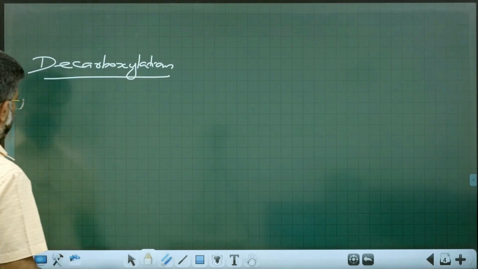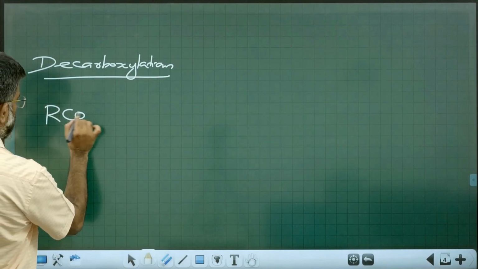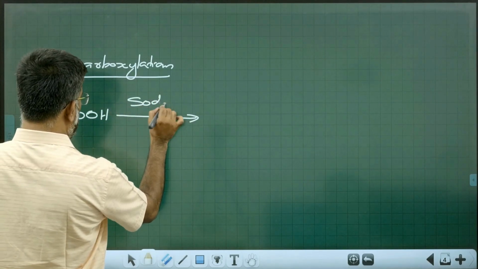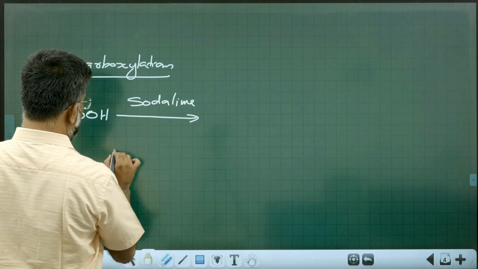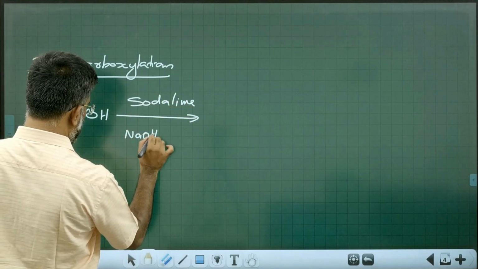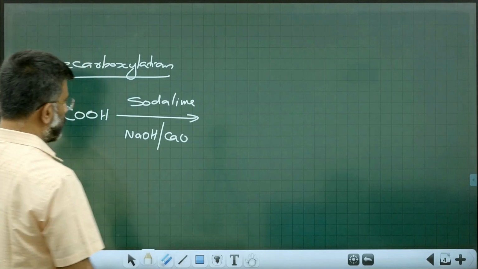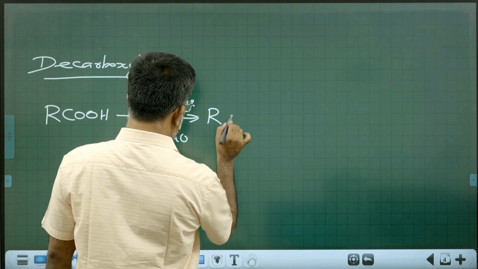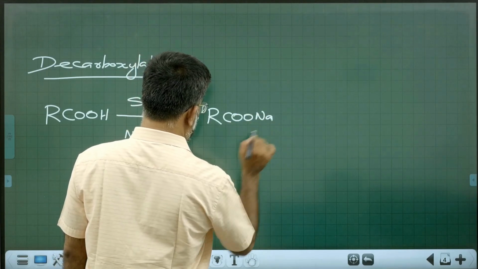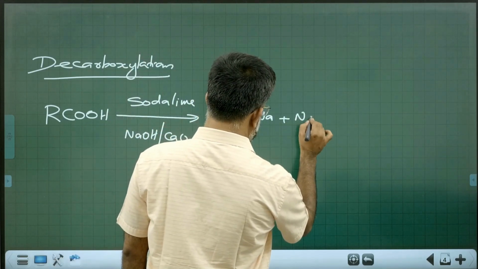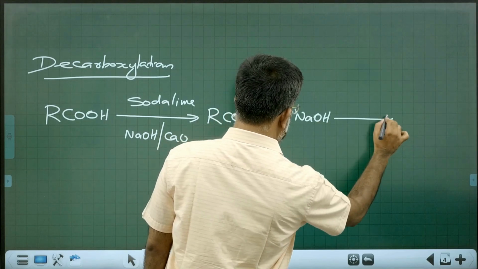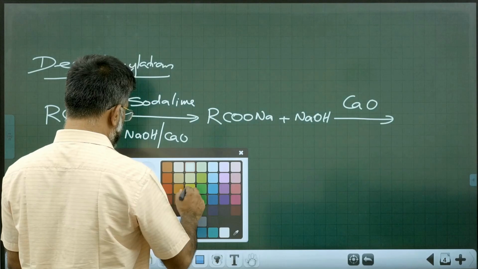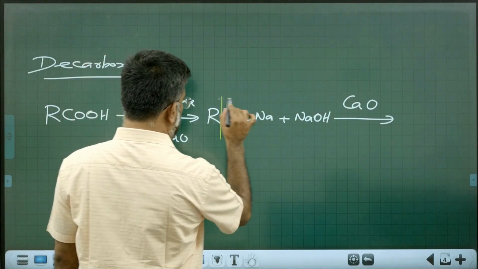Decarboxylation reaction. If you take a carboxylic acid treated with soda lime. What is soda lime? The NaOH and calcium oxide combination is called soda lime. First you will get RCOONa, and that interacts with the NaOH in a dry condition maintained by calcium oxide, and the reaction can be illustrated like this.